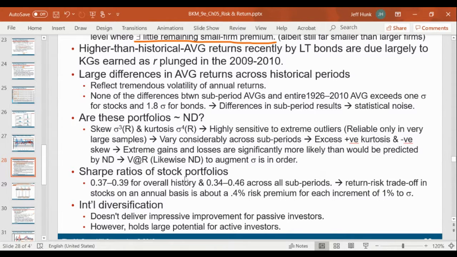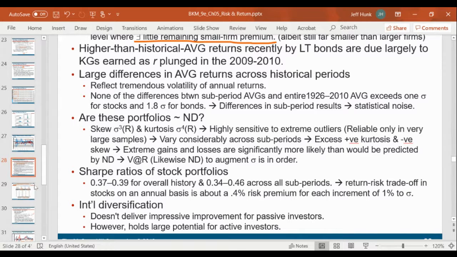And negative skew means the distribution is more to the right, right? So extreme gains and losses are significantly more likely than would be predicted by a normal distribution. So we need value at risk to augment the standard deviation. Value at risk is in order, right?